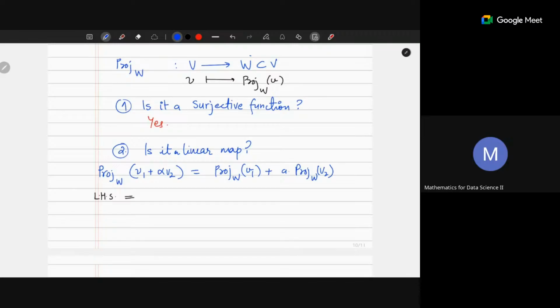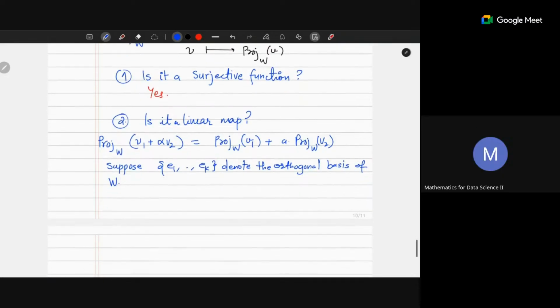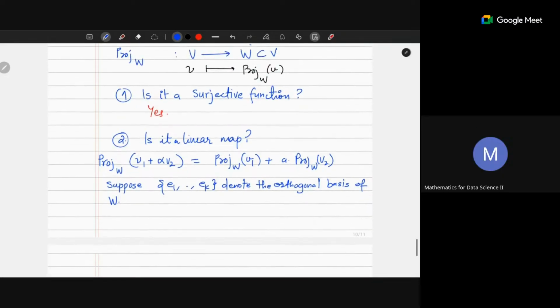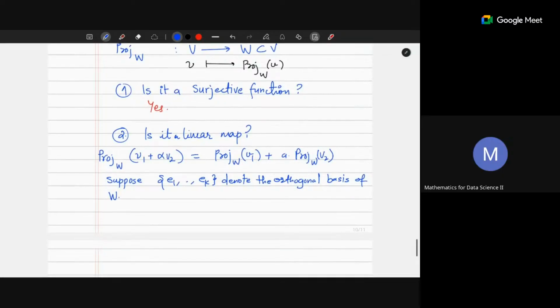So you need to have an orthogonal basis of W. So suppose E1 up to EK denote the orthogonal basis of W. Here I'm using a fact that any vector space can have an orthogonal basis.